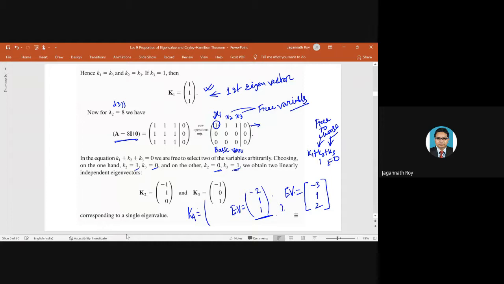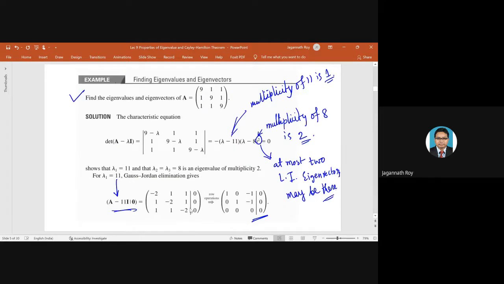See, finding eigenvalues is very easy. Just find the characteristic equation and solve it. The tricky part is to find out how many eigenvectors are there. For that you have to look at the multiplicity of the eigenvalue. Here the multiplicity is 2, so it can have a maximum of 2 linearly independent eigenvectors.